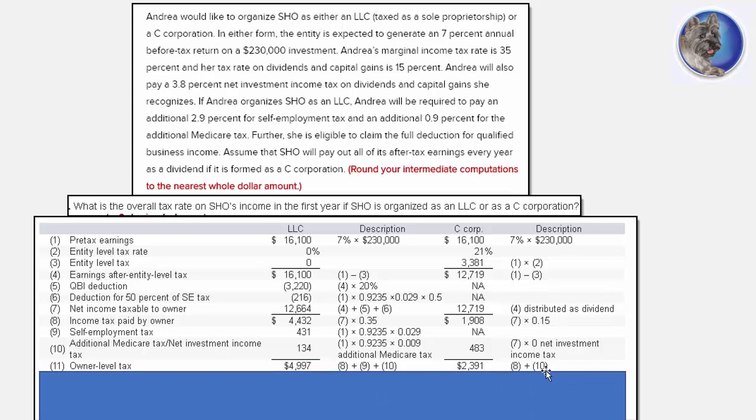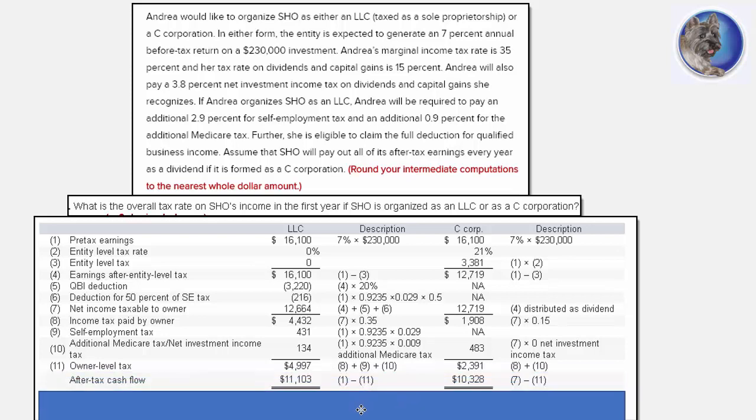On the corporate side, we need to consider the net investment income tax. And they tell us that Andrea will also pay 3.8% net investment income tax on dividends and capital gains. So when we consider all of those, we can add items 8, 9, and 10.